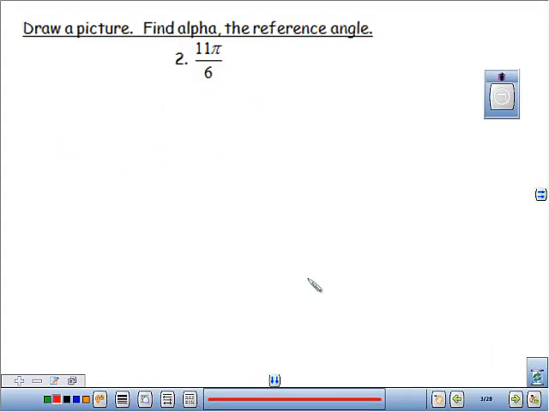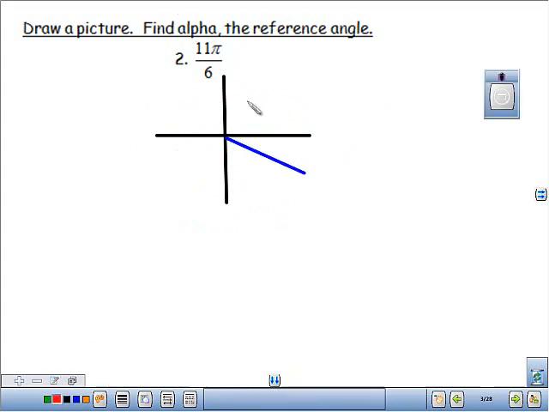Same instructions here. Draw the XY axis. Now we're going in the positive direction, so we're going to go counterclockwise, counting by pi 6, that's your 30 degrees. So this would be 1, 2, 3, 4, 5, 6, 7, 8, 9, 10, 11.